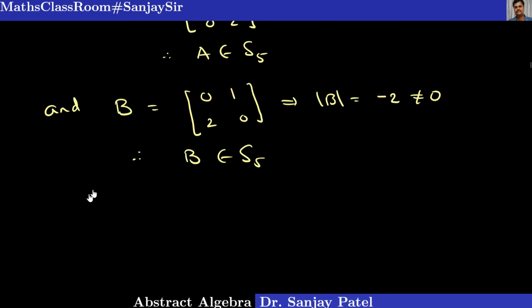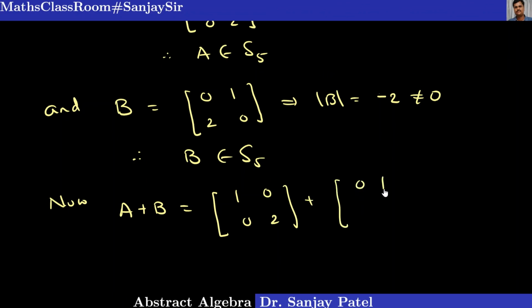But now if you find A plus B or A minus B, whatever, then what I will get is 1, 0, 0, 2 plus 0, 1, 2, 0. If you add these two, what you are going to get is 1 plus 0, 0 plus 1 is 1, 2 and 2 here.